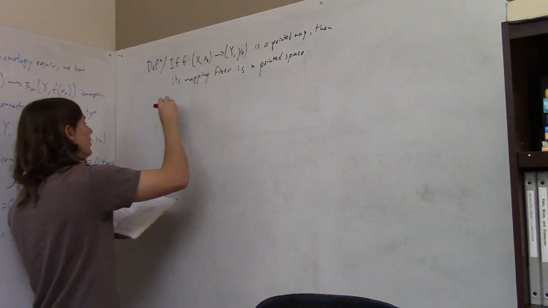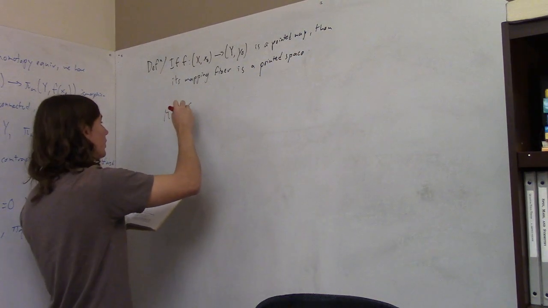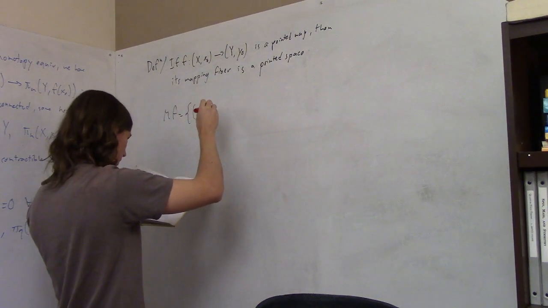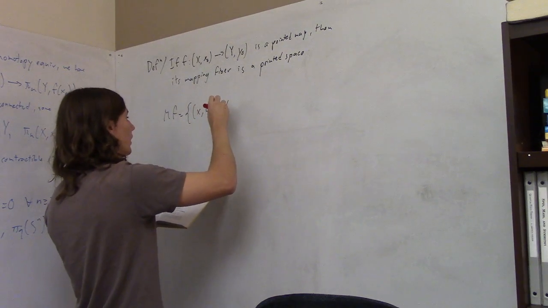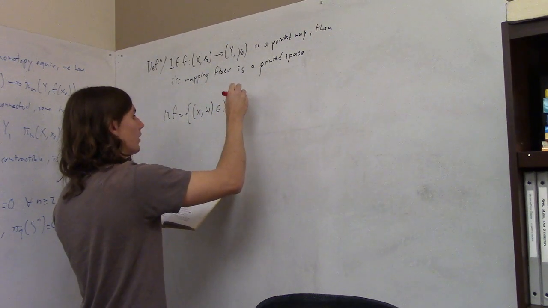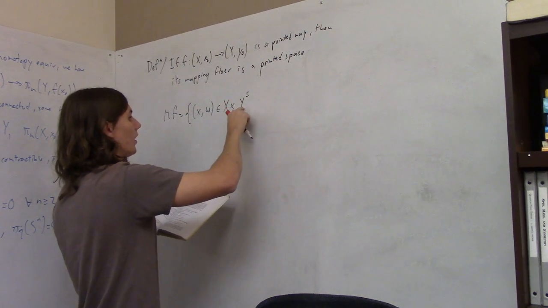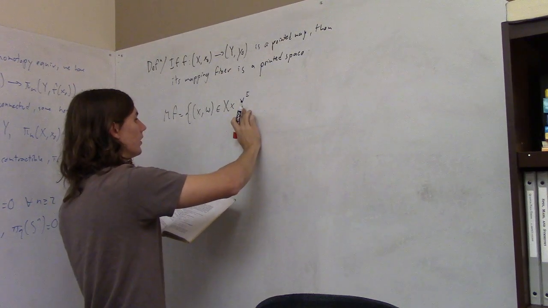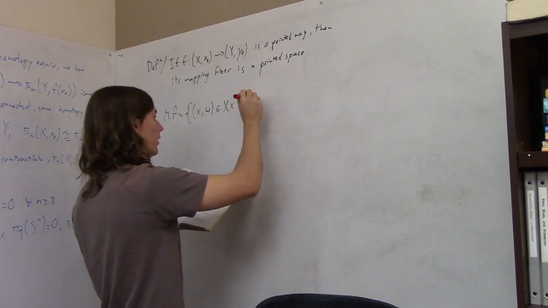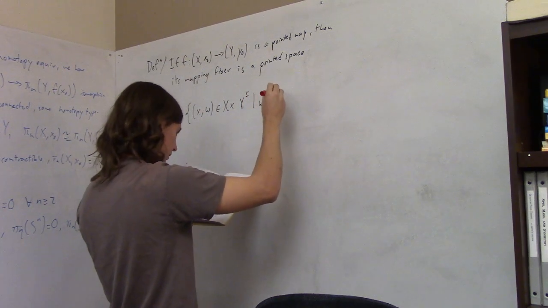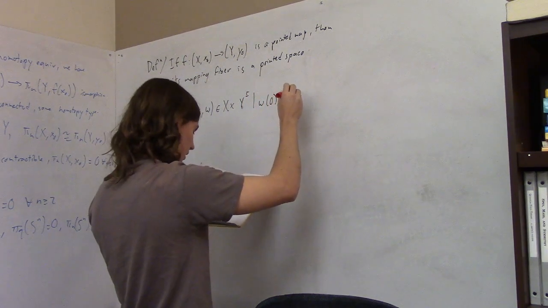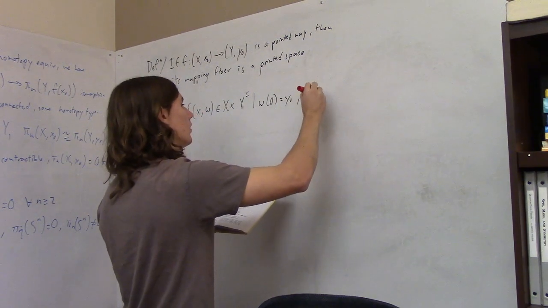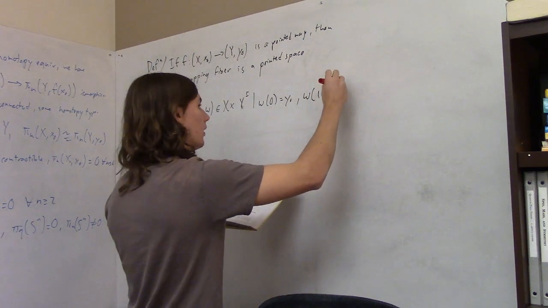So we got MF is equal to the space of x comma omega, an element of X cross Y to the I, which, remind you, is all the homeomorphisms from the unit interval into Y, such that omega of 0 is equal to y naught, and omega of 1 is equal to f of x.